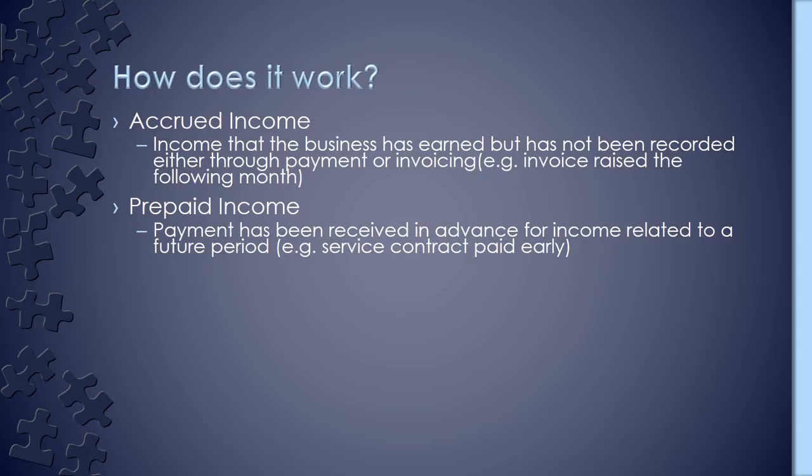Prepaid income is payment that you've received in advance from a customer for income that's actually related to a future period. So this could be a service contract, where a customer pays in April for a contract that runs from May for a year.